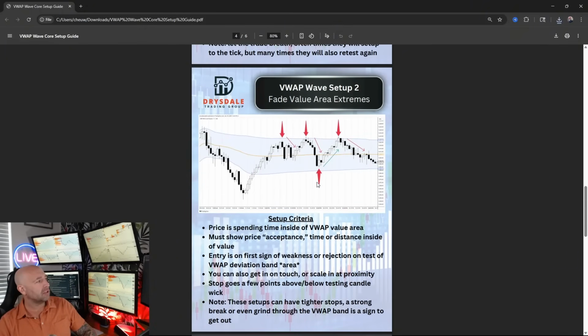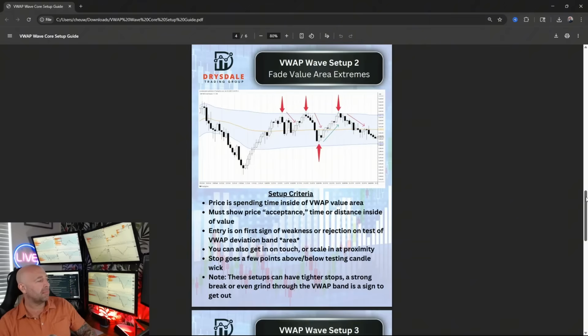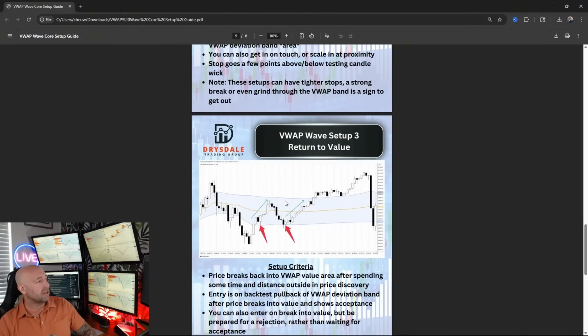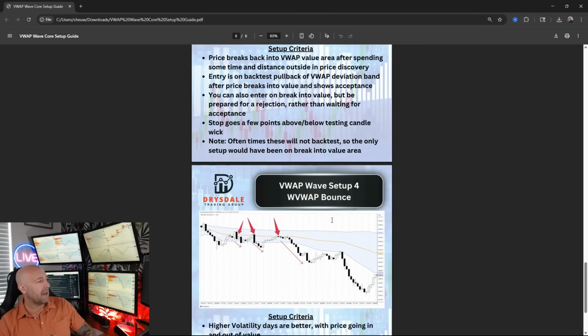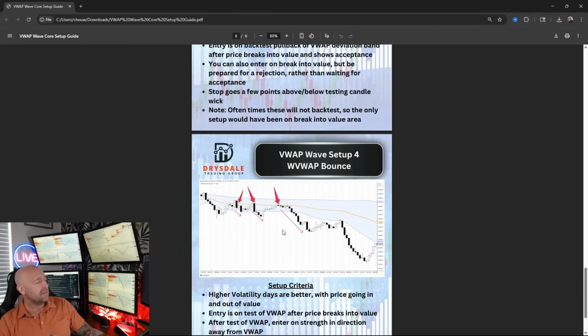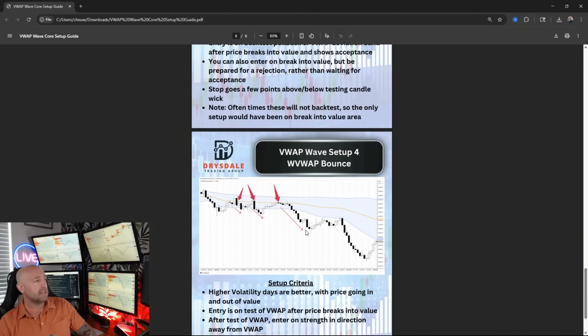Fade out value area extremes will be shorting the initial balance high to the midpoint or other side of value, or longing the IB low back to IB mid or even IB high. All right, so we're fading the balance area. We expect to stay in balance. We have the return to value trade. So that's when we're trading outside of the initial balance, and we return to the initial balance, expecting it to go back to IB mid or even the other side of value, the other side of the initial balance. And lastly, the VWAP bounce. This would be a bounce off the IB mid, essentially, okay, using that midpoint.